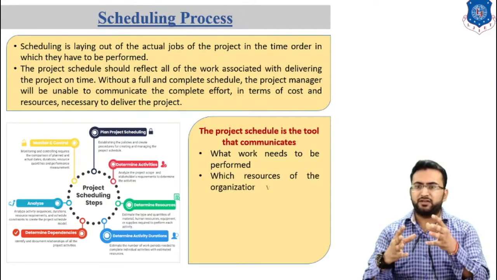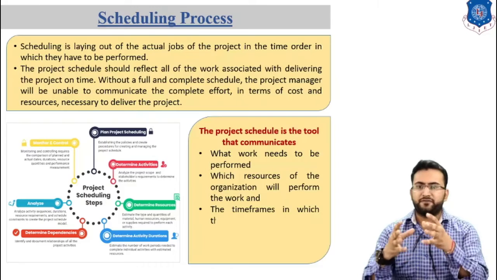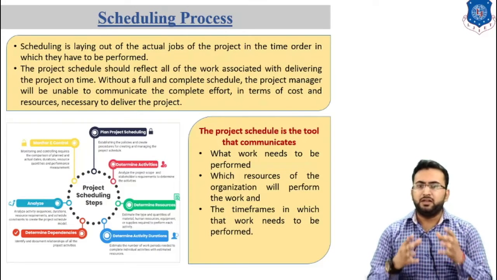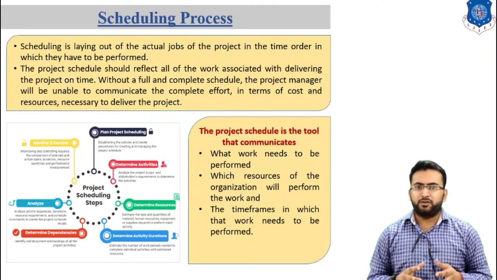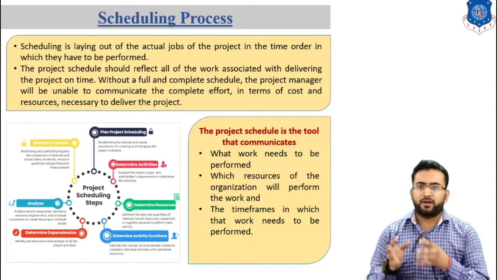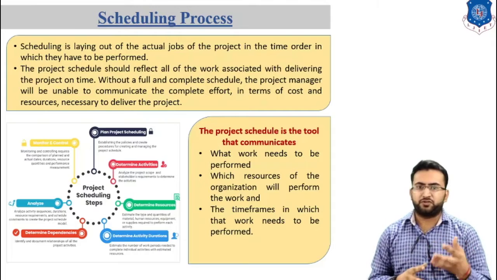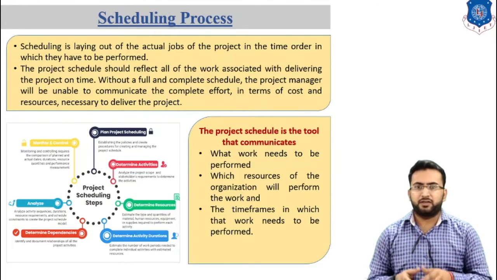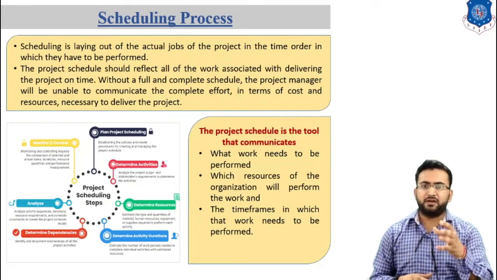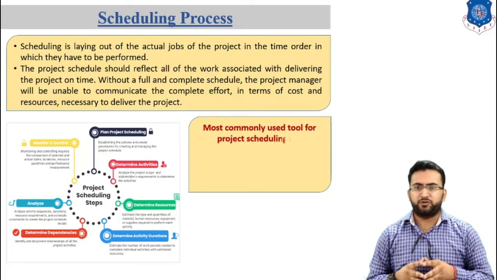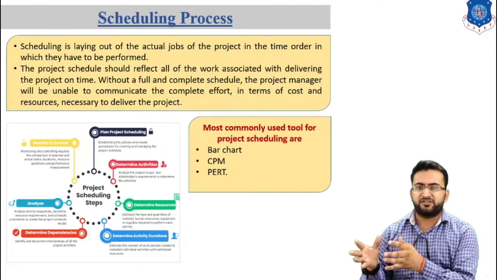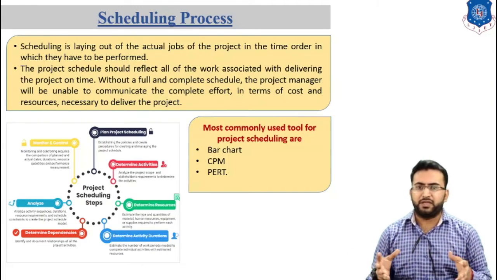A schedule shows the starting and completion date of each activity and the sequential relationship among the various activities. The project schedule is a tool that communicates what work needs to be performed, which resources of the organization will perform the work, and the time framework in which the work needs to be performed. There are mainly 3 types of scheduling process: using the bar chart, CPM and PERT.